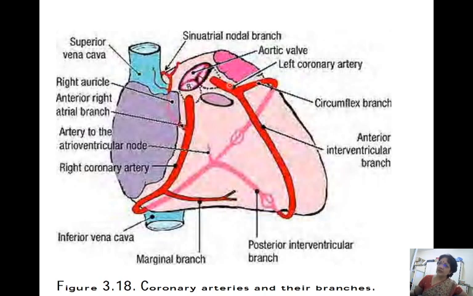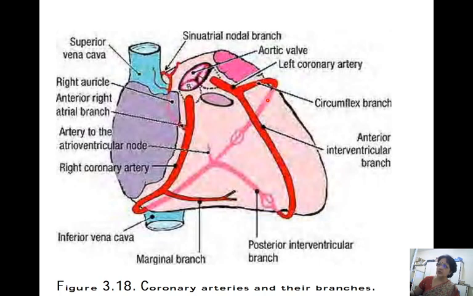From there, you're seeing the origin. You don't see it from the front surface because the pulmonary trunk was blocking. But here in this groove, we can see the pulmonary trunk and the left aortic sinus, and in between, in the groove, the left coronary coming out. From here, it continues as the circumflex, coming down.